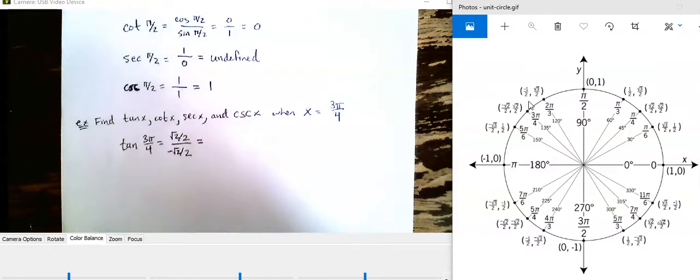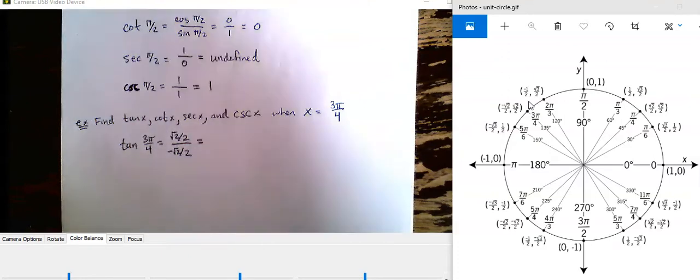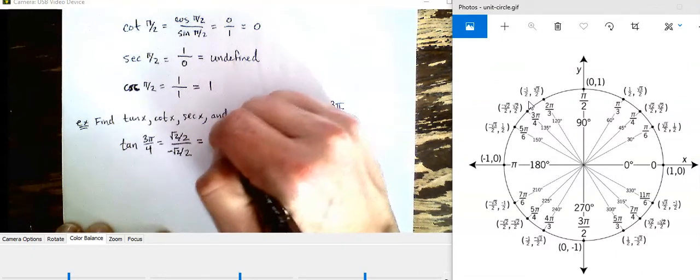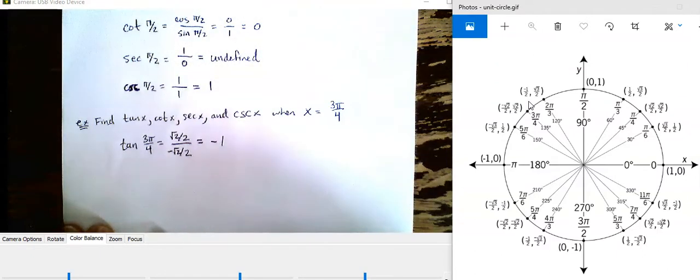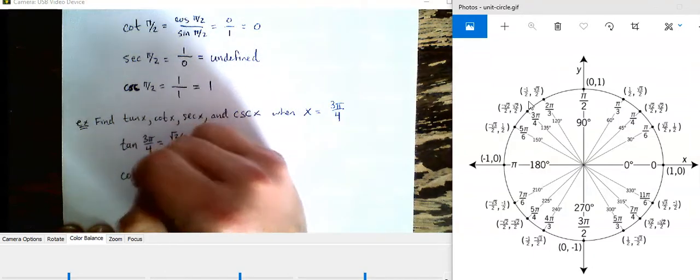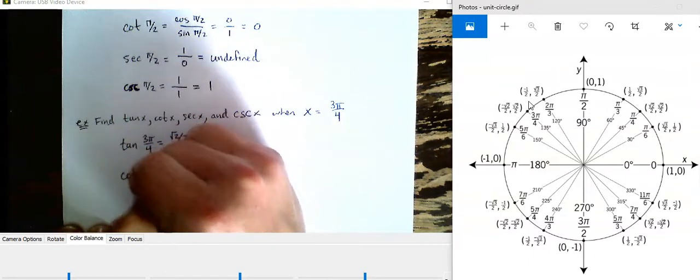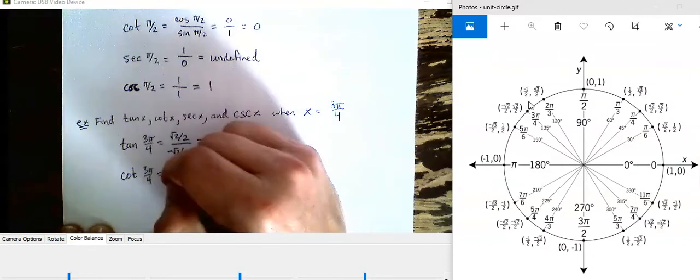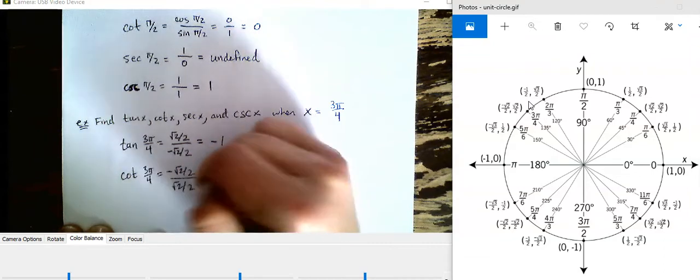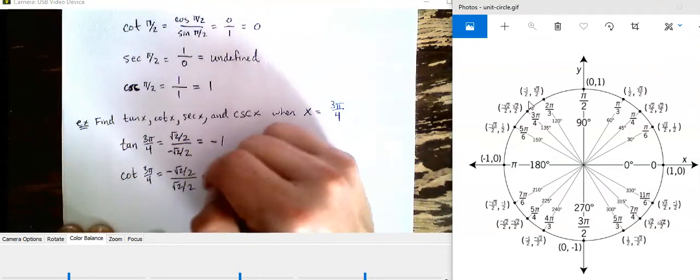Since these are the same values and this one's negative, we get negative 1. Cotangent at 3 pi over 4 is just the flip of that, so negative root 2 over 2 divided by root 2 over 2, which is also negative 1.